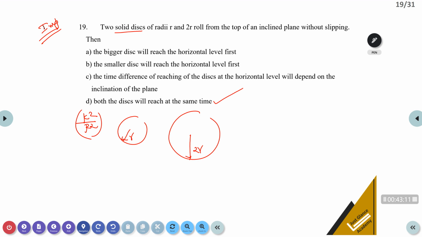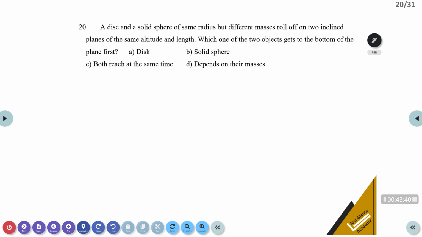Important point: it is immaterial what radius it is, because as the radius changes, the k value also changes, but the ratio remains constant. I gave the formulas for velocity, acceleration and time period, where everything depends only on k square by R square.